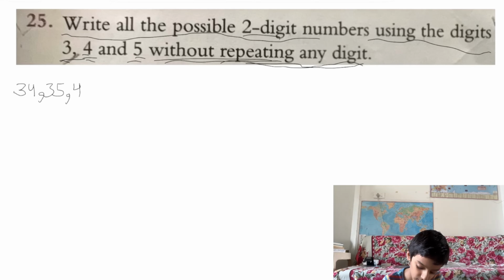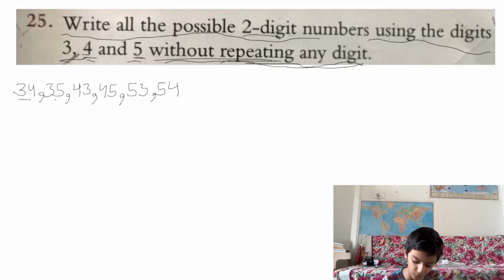So with 4, in the units place it can come 3, and here in the units place it can come 5. Now 4 is over. So now we'll fix the last number, which is 5, in the tens place. 5, 53 and 54. So now we'll count the numbers.